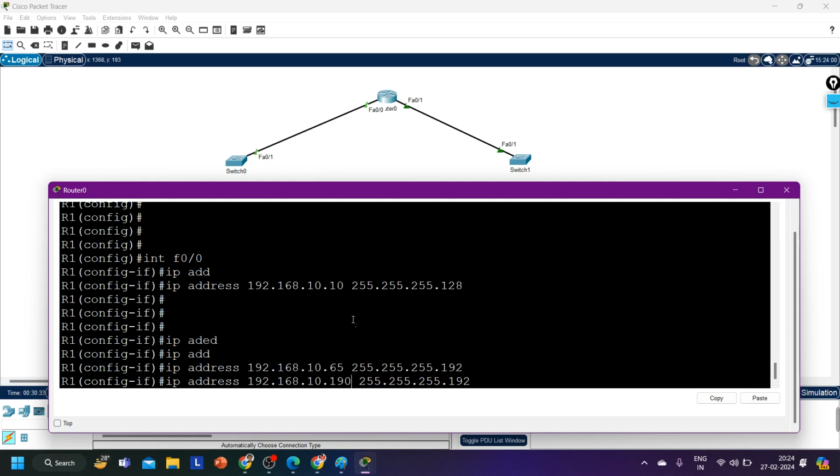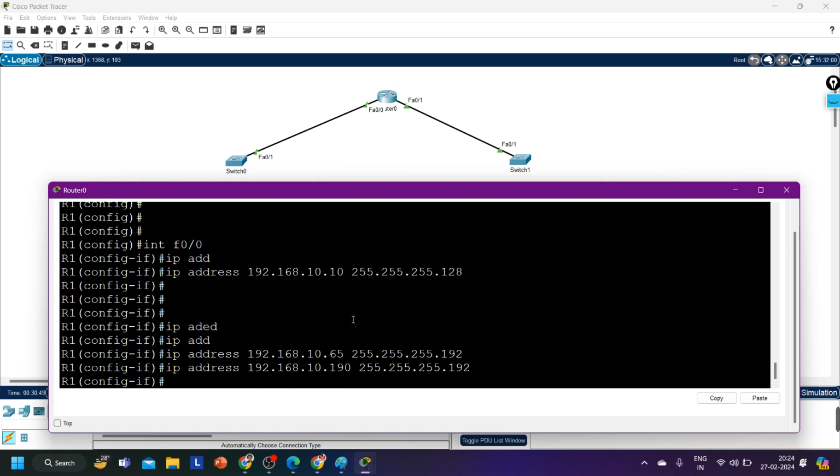Okay, can I configure this one, 190? This is a valid IP address, the last valid IP of which network? 192.168.10.128, the third network. Very good. And can I configure 255? This is a broadcast address of the fourth network. No, we can't configure this.